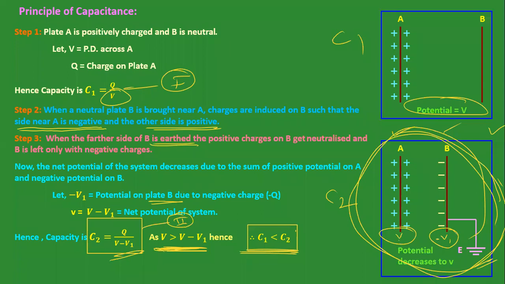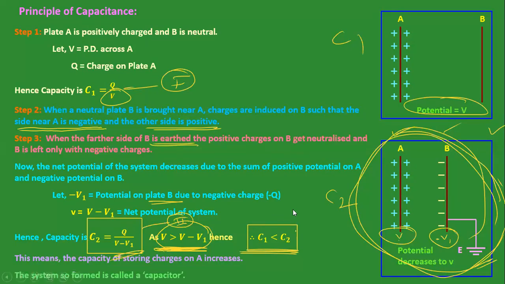You can see the potential must be less, and that arrangement of conductors is called a capacitor. I hope you understood this article, the principle of the capacitor.